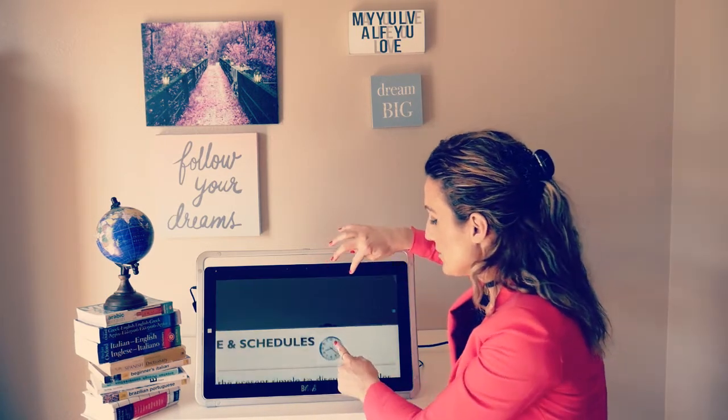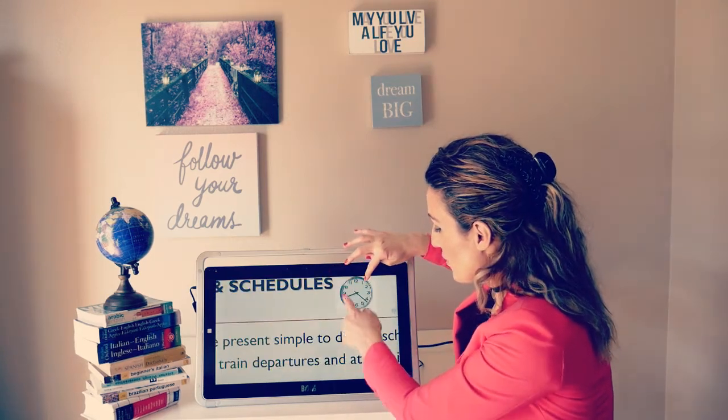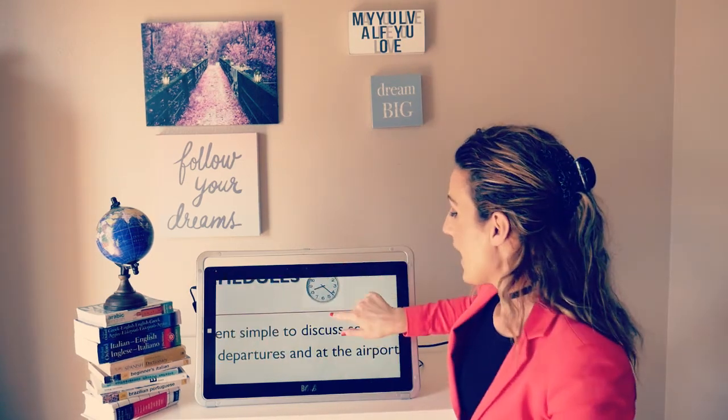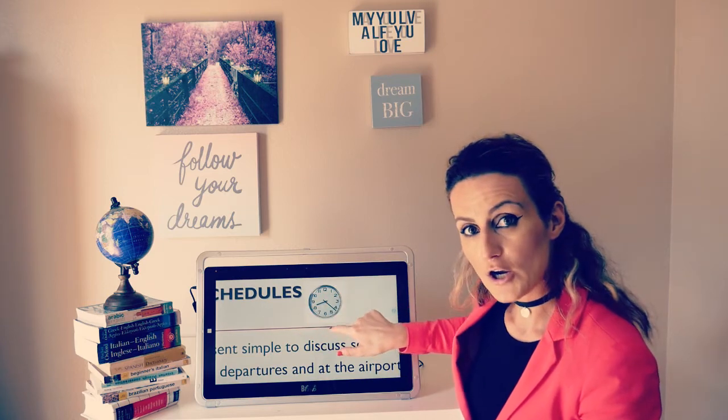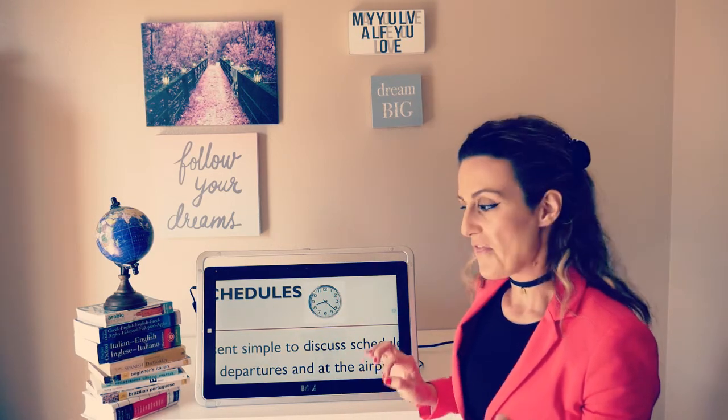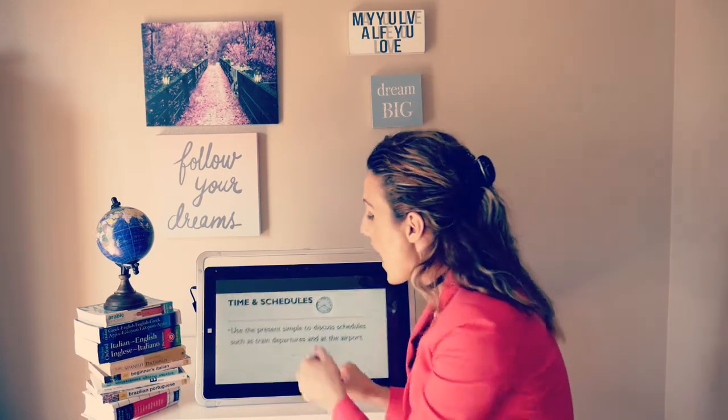We also use the simple present when we're talking about time and schedules. And you see here, I put a picture of a clock to remind you that when you talk about time and schedules, you use the simple present.